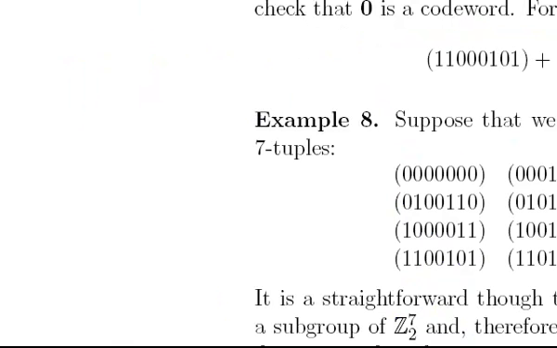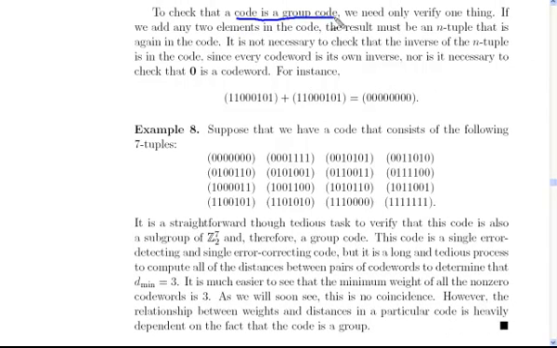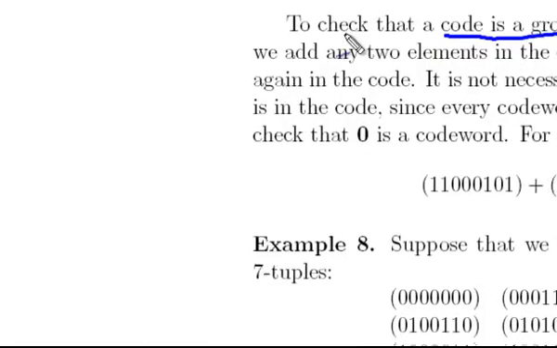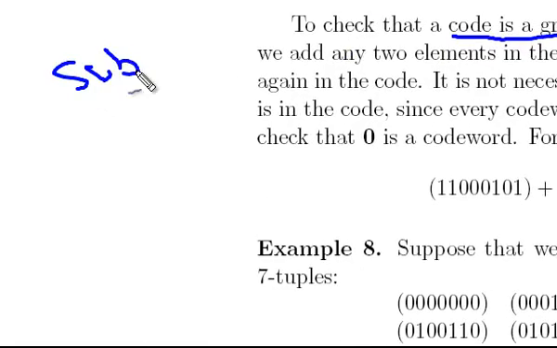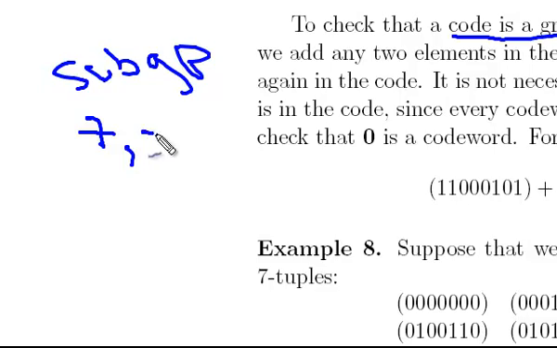Now, how do you check whether a certain set of code words is a group code? How can you check that? Well, it has to be a subgroup of the entire group. Now remember, a set is a subgroup if it's closed under the group operation, and it also has to be closed under inverse.